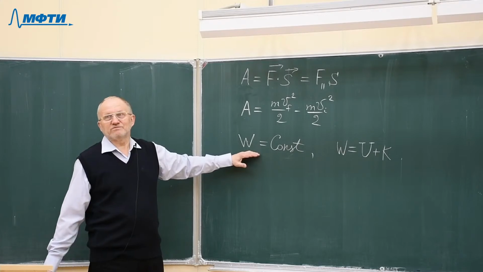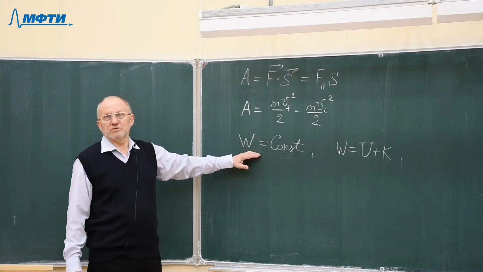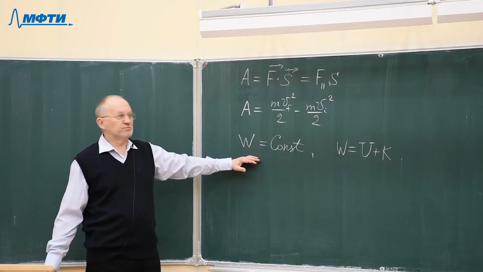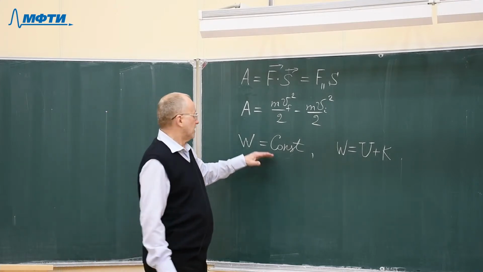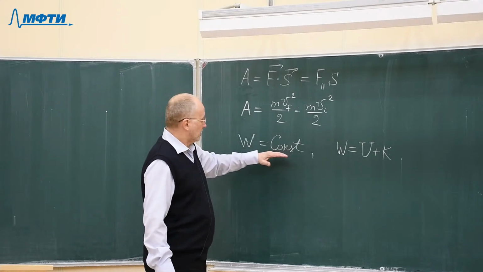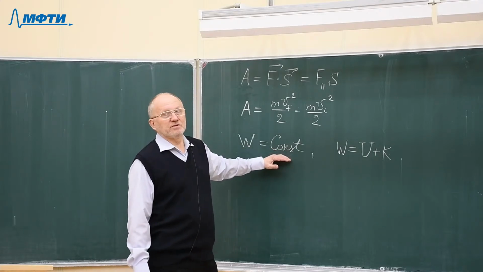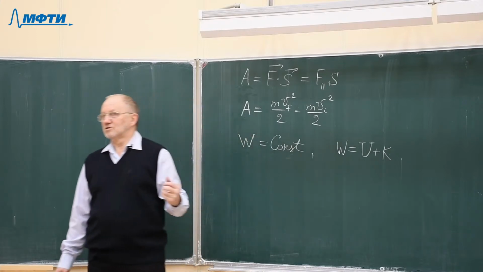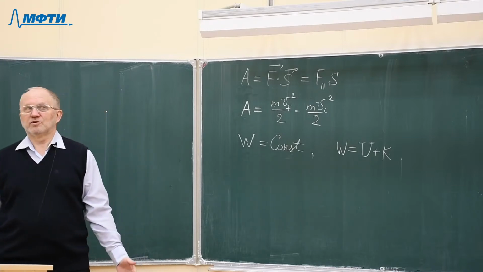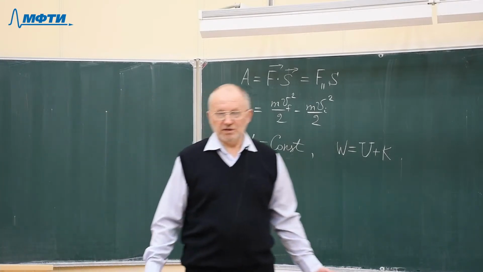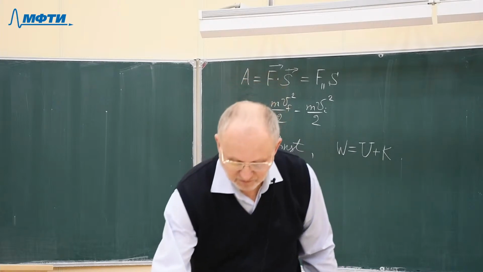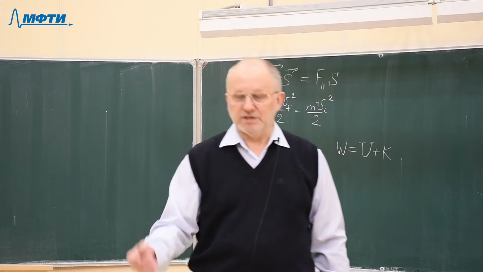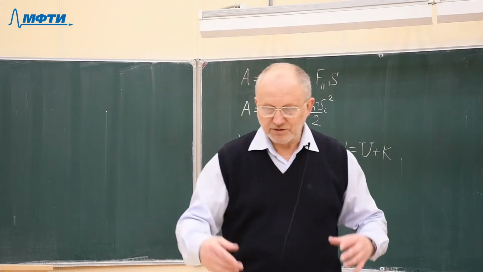When we have forces of friction or so-called dissipative forces, friction or resistance of the medium or air drag, etc. In this case, when you have dissipative forces like friction, the total mechanical energy will not be conserved, because in the process of motion, if friction is there, some of the mechanical energy is dissipated into heat.